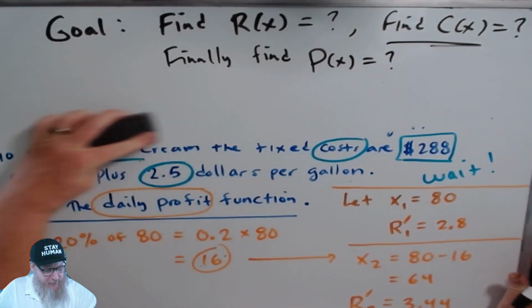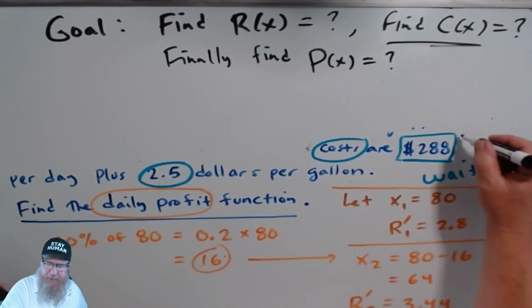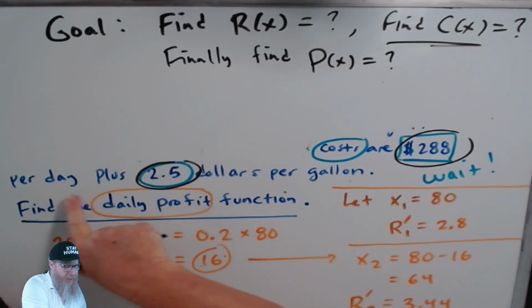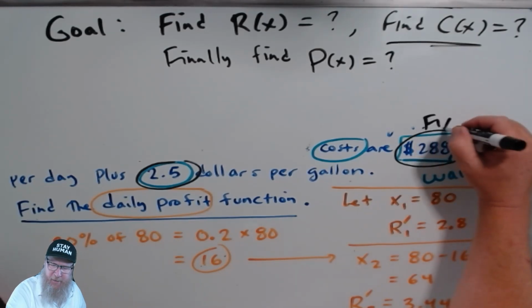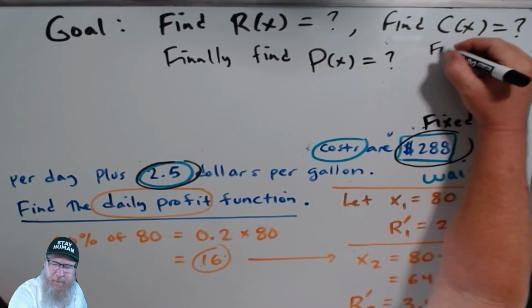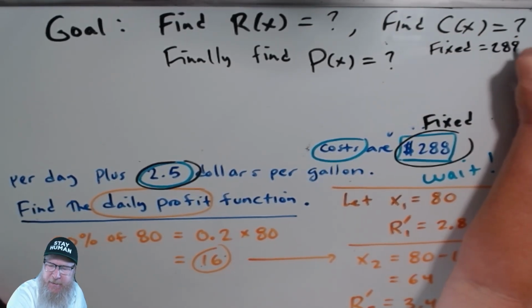Let's see. I don't want to lose this, so let me write it down. The fixed costs are, I'm just going to write fixed is 288.